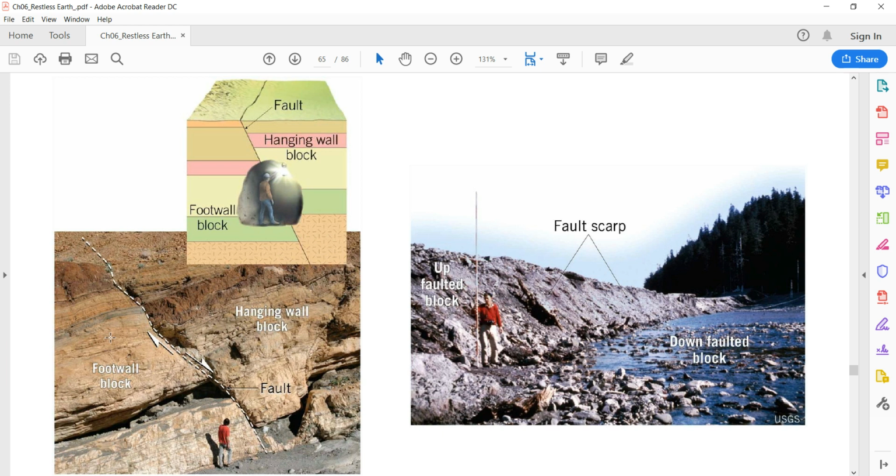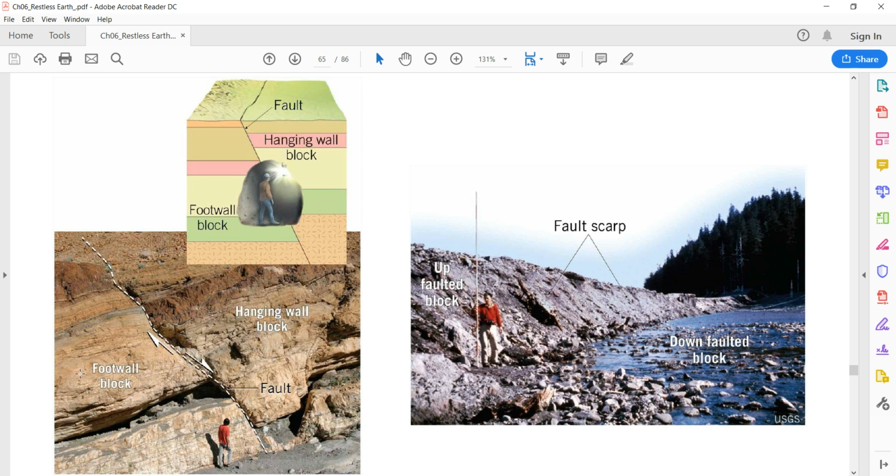Here you can see these are the two different rock blocks, and this white broken line shown here is like a fault line along which you will observe appreciable movement or displacement of the rock. So the rock mass which is below this fault line is called a footwall block, and the rock mass which is above the fault line is called a hanging wall block.